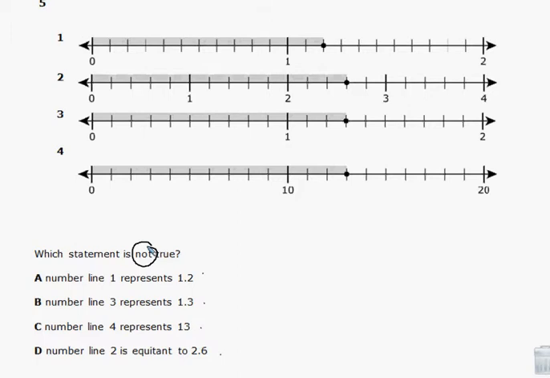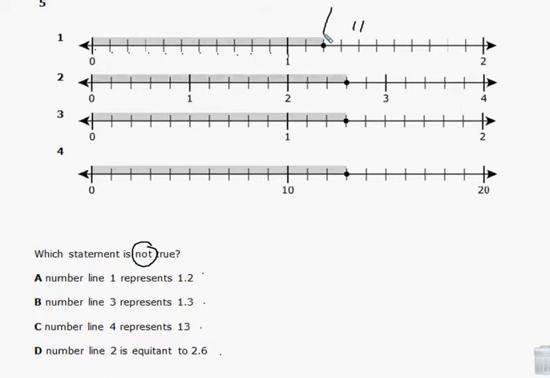On number line number 1, let's see how many spaces are here. That's 1, 2, 3, 4, 5, 6, 7, 8, 9, 10, 11 spaces. So our denominator is going to be 11 on this one. And there's one whole right there. It's going to be hard to make a decimal when my denominator is 11.